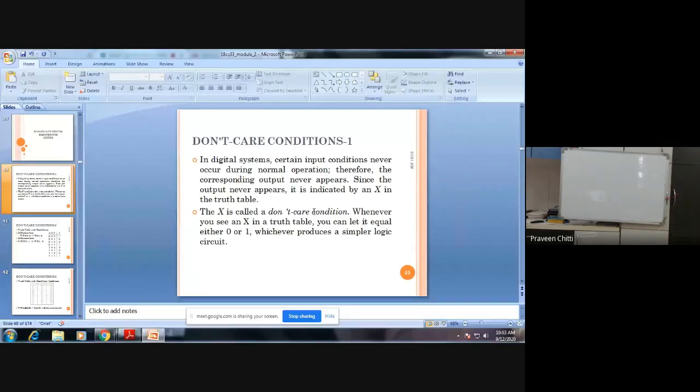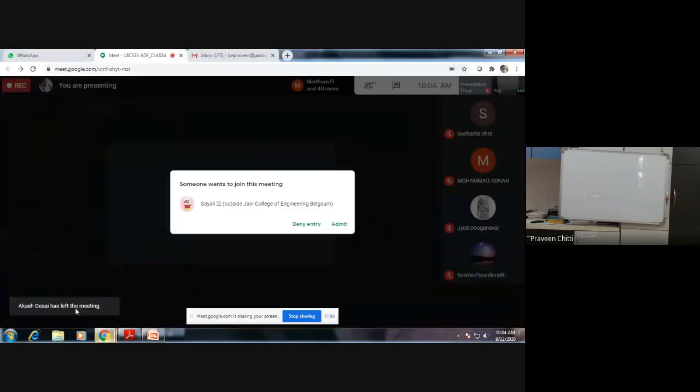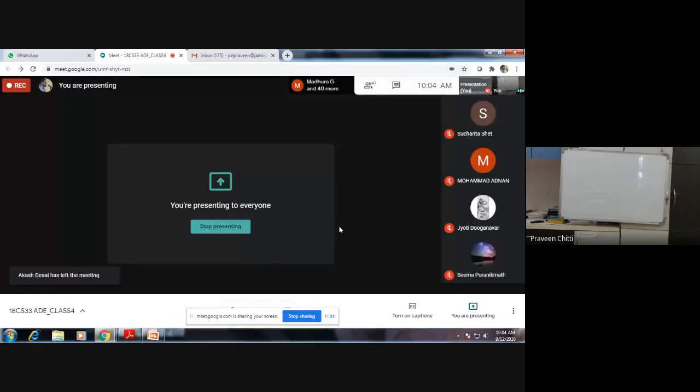Okay. So what is don't care condition? We know that normally in digital electronics we come across only two states, that is two levels, either logic 0 or logic 1. But in some situations it may happen that for a particular input the corresponding output may not occur at all.